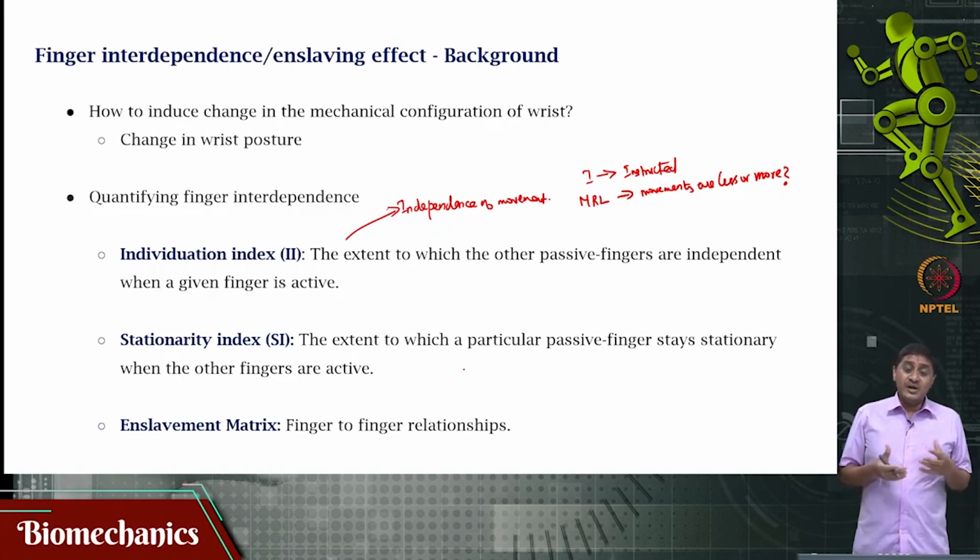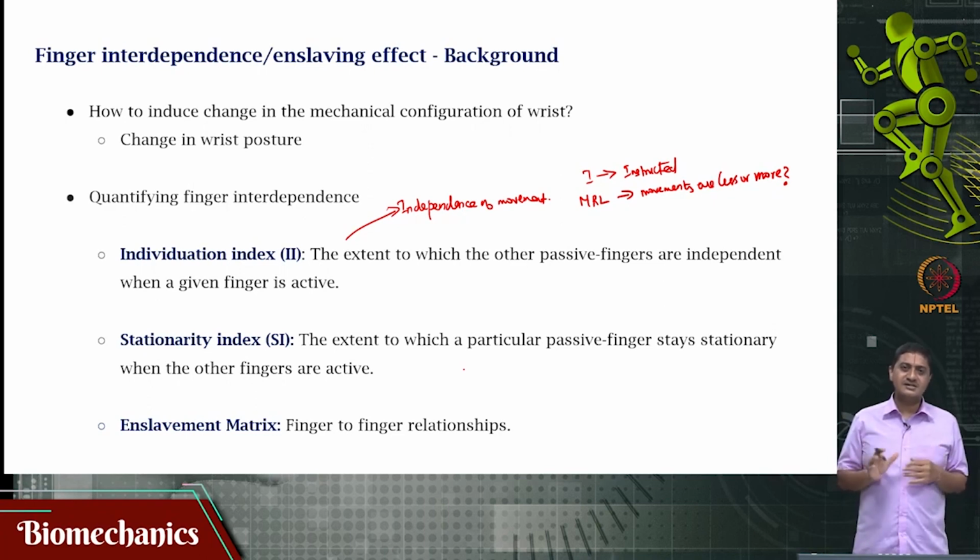How individuated my thinking is when compared with the others, that is the individuation index. How much less I am able to influence others. If I am not influencing others to a large extent, that means that I am individuated.